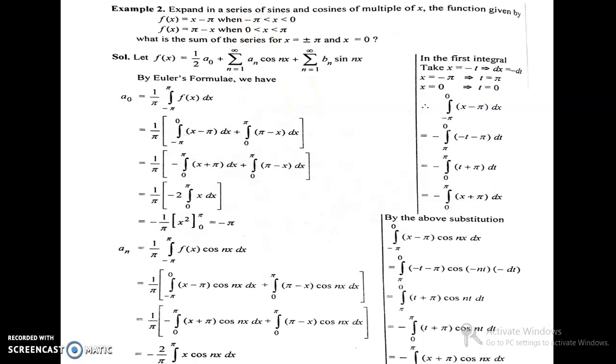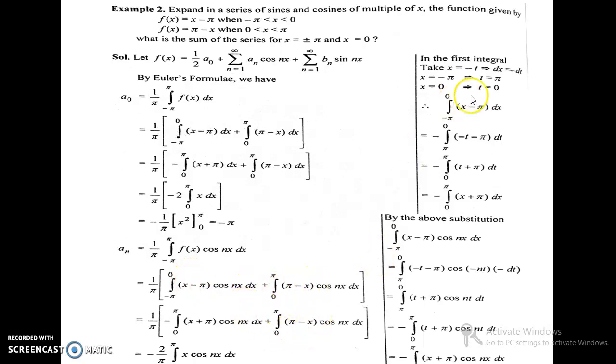Take another example. This is the second one. Function is defined like this. Similarly, take the Fourier series. First, find the value of a0, that is equal to minus pi, by using these steps, by substituting x is equal to t in the first integral. Then find the value of next Fourier coefficient, 1 upon pi integration of f(x) cos nx. First split this integral into two integrals.